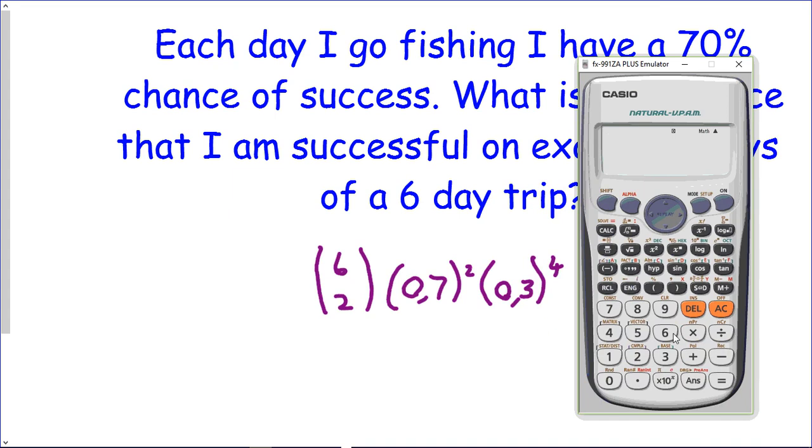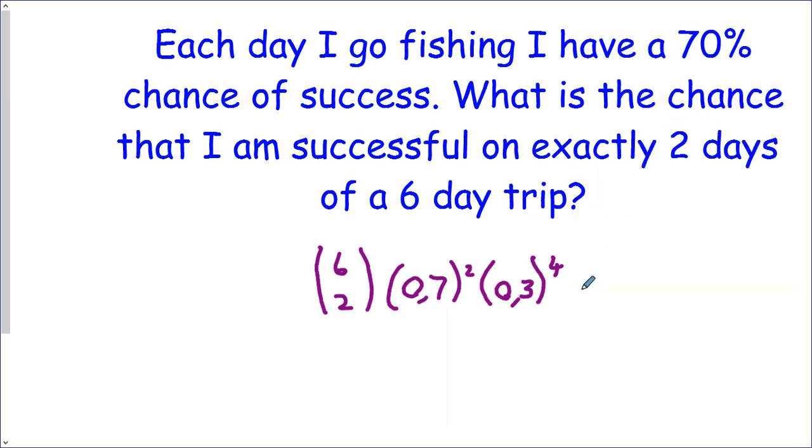Right, so I'm going to go 6 combination 2, which is 15. Then I'm going to multiply that by 0.7 squared. Then I'm going to multiply that by 0.3 to the power of 4. And I get a final answer of just about 6%.